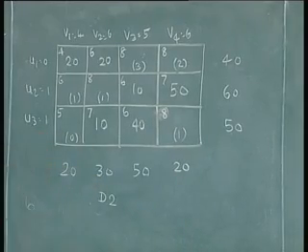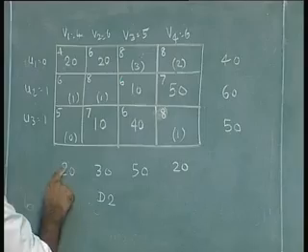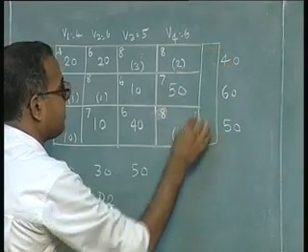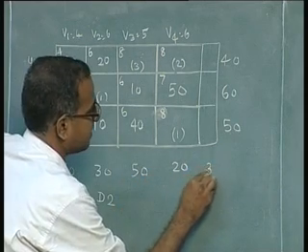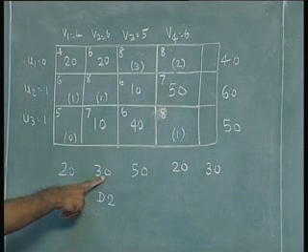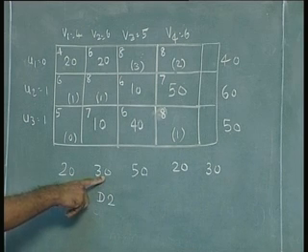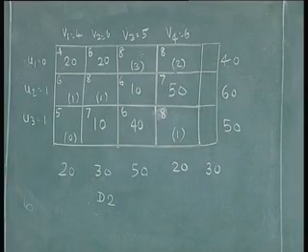This is an unbalanced problem, so we can convert it into a balanced problem by adding another dummy which has 30. Now, this person is also ready to take the extra 30. It is not necessary that this person should be given 60, but this person is willing to take 30 or anything more.